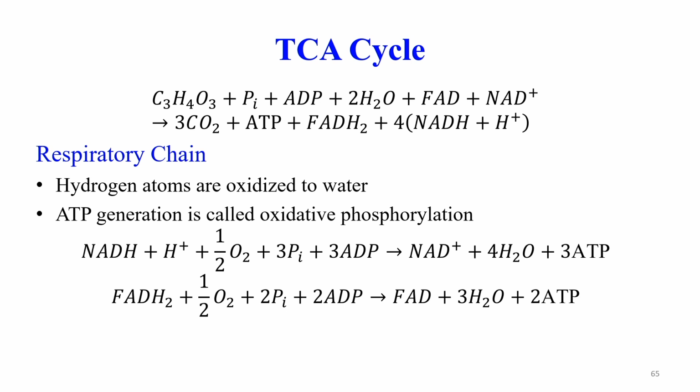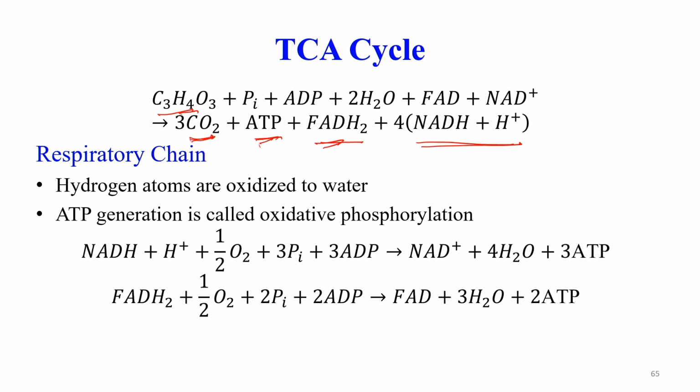If you see the TCA cycle, the pyruvate is entering and converted to carbon dioxide, ATP, FADH2 and NADH. So, one pyruvate molecule generates 3 carbon dioxide, 1 ATP, 1 FADH2 and 4 NADH and H plus.